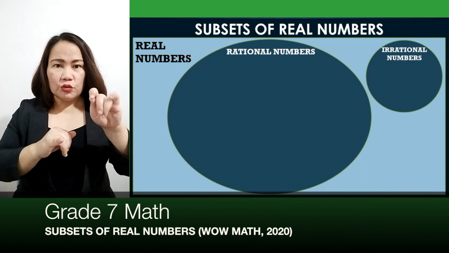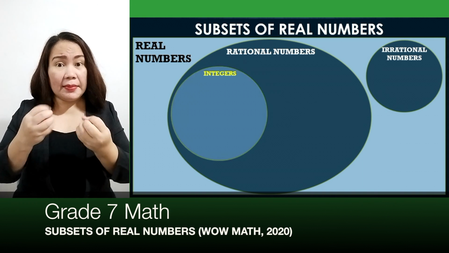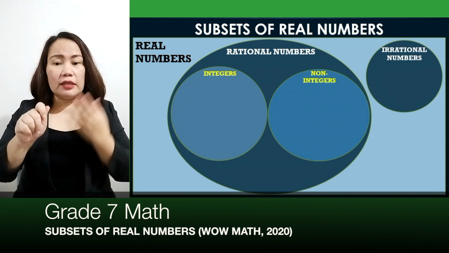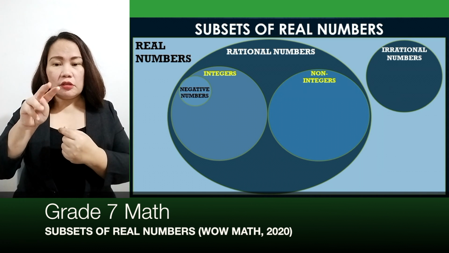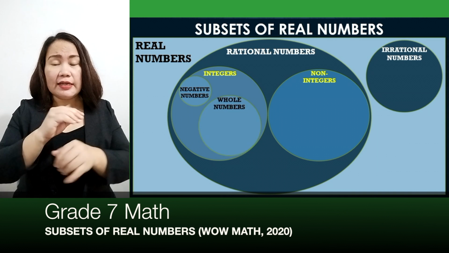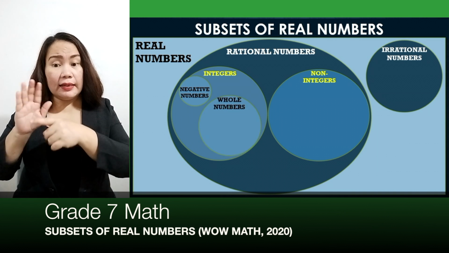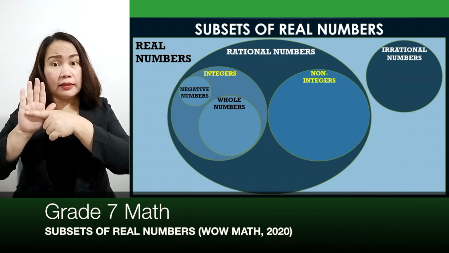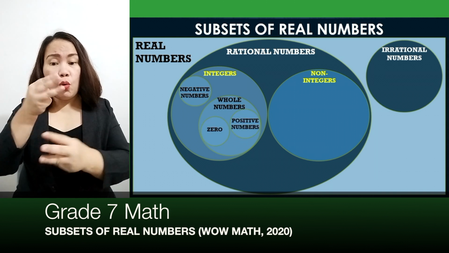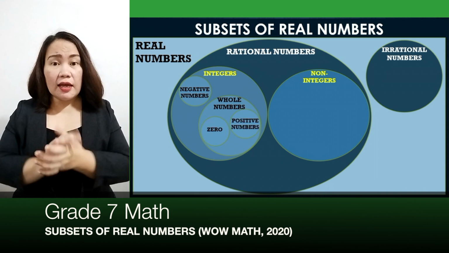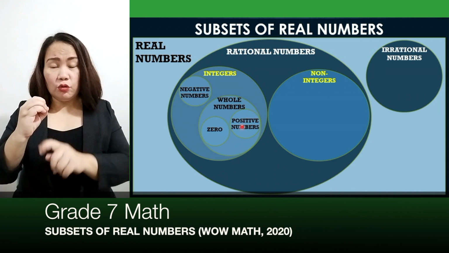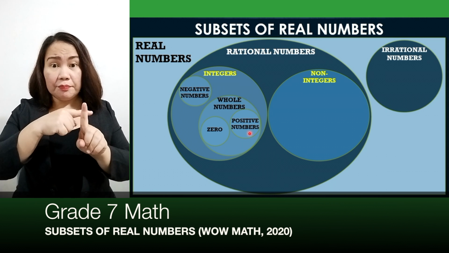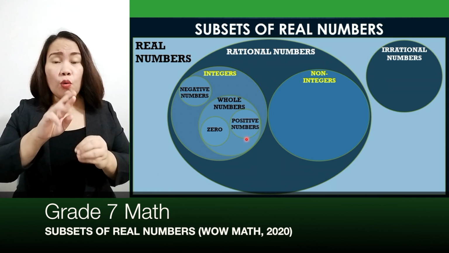Okay? So the subsets of rational numbers are integers and non-integers. Now, the subsets of integers, we have the negative numbers and the whole numbers. And then under the whole numbers, we have 0 and the positive numbers. Now, remember that etong positive numbers natin is also called the natural numbers or the counting numbers.